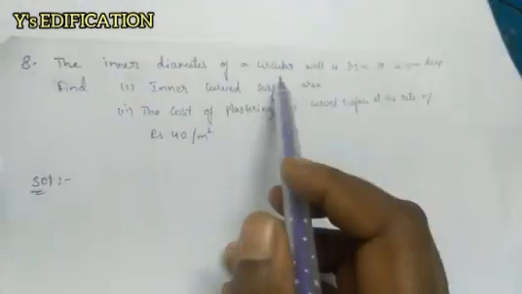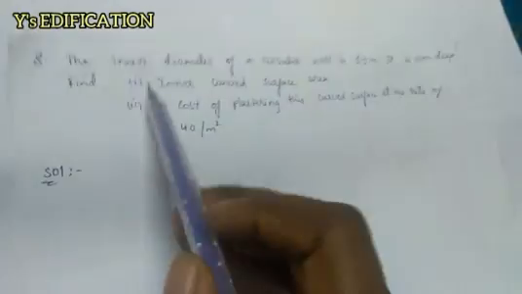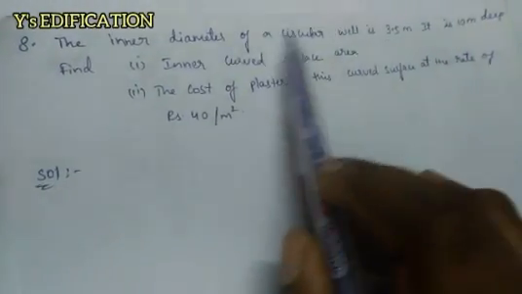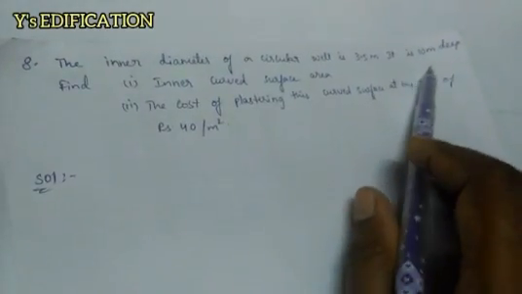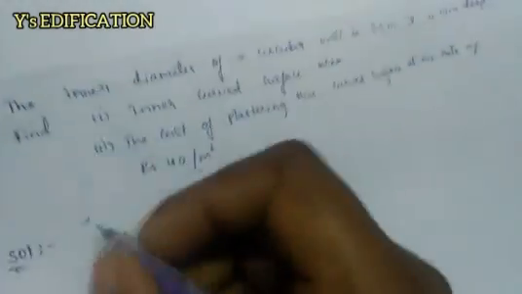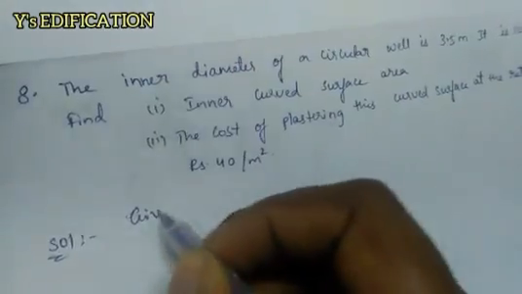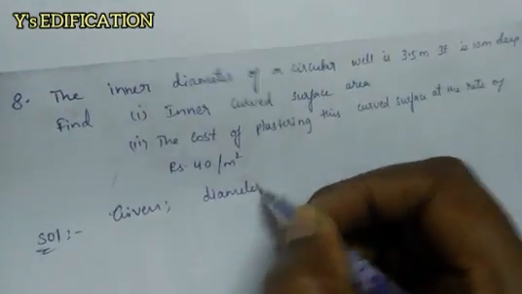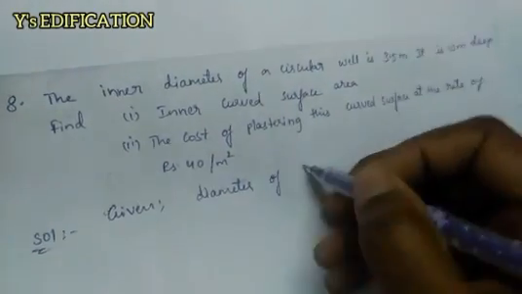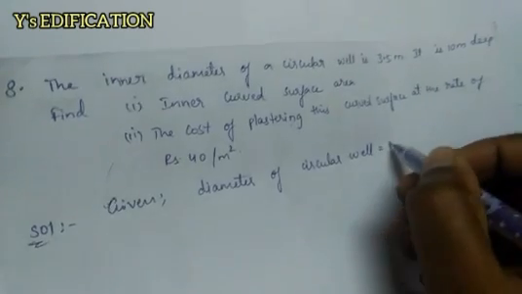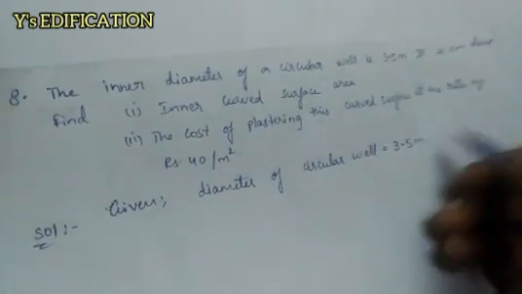So they gave a diameter for the circular well, that is 3.5. So we have to change this diameter to radius. Next, it's 10 meters deep, means height is 10 meters. We have to find the curved surface area. Okay, first by writing the given data. So given, the diameter of the circular well is equal to 3.5 meters.